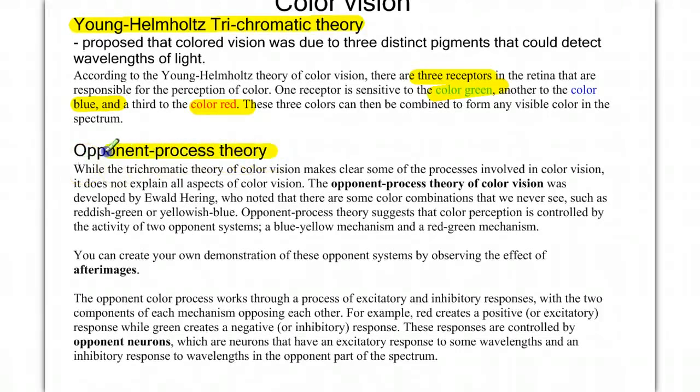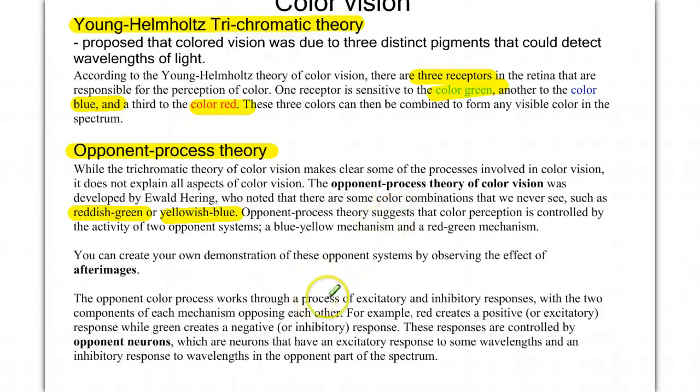There's another theory, the opponent process theory, which brings to light a couple of other phenomena in our color vision system. And it's the idea that we have three opposing color pairs, yellow and blue, red and green, and black and white, and that we have a hard time seeing both of those colors at the same time.